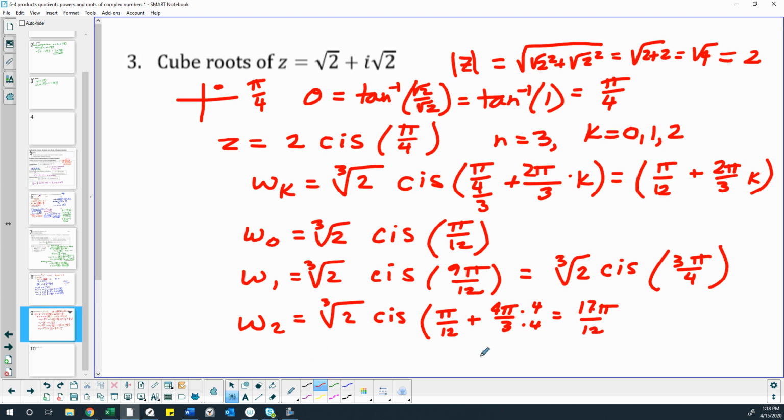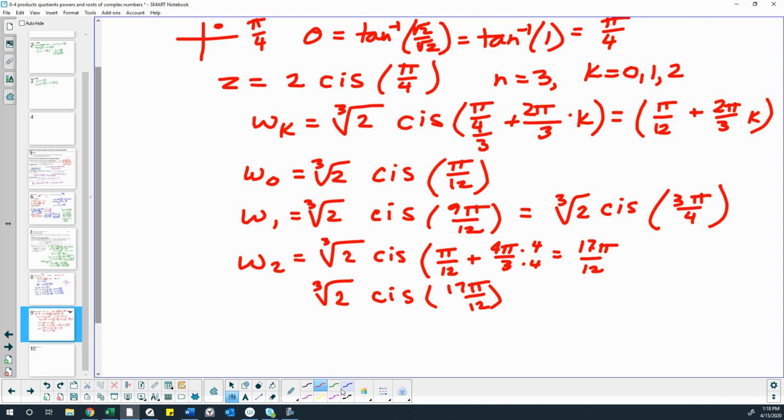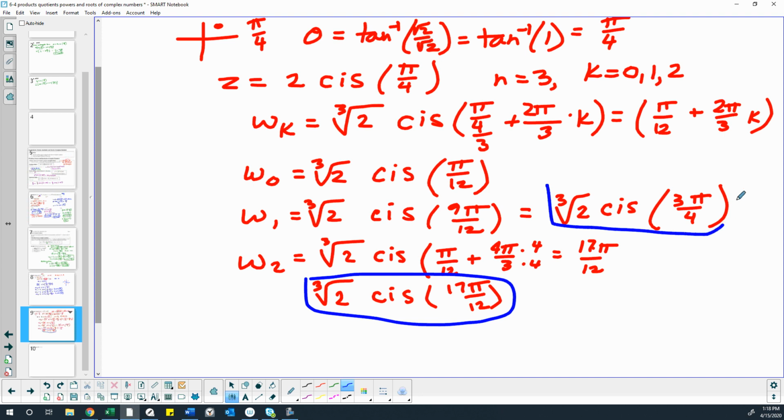So we can theoretically leave that. Cubed root of 2 times the cosine plus i sine of 17 pi 12. So here's root 3, root 2, root 1, and you can always change those to rectangular form.